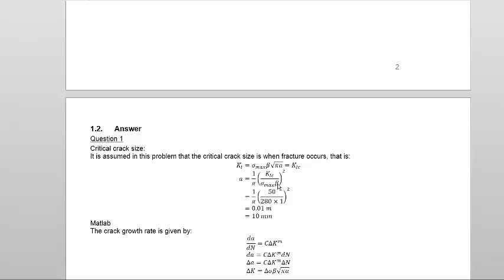The beta value for an infinitely wide plate is almost equal to 1 in the universal fracture mechanics equation.